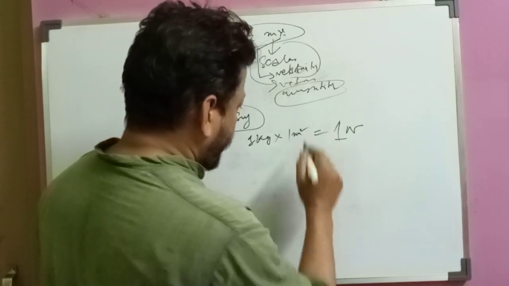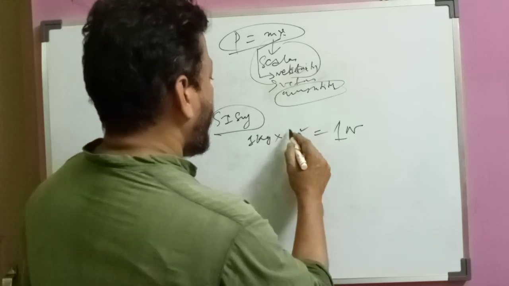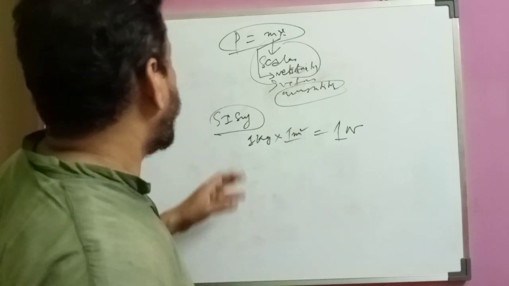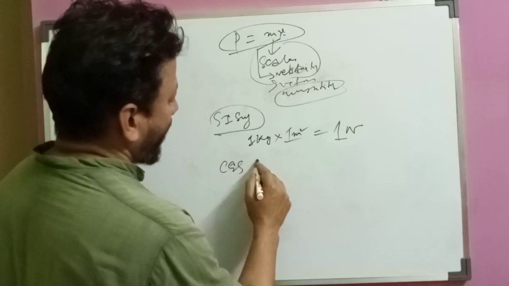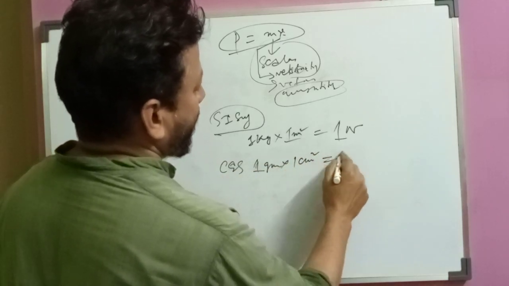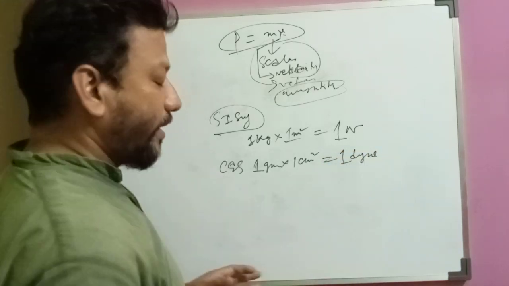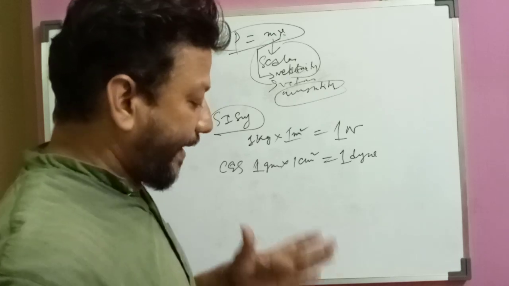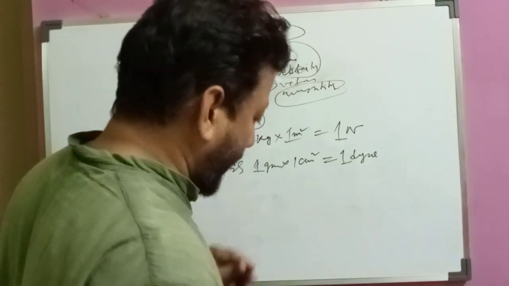Similarly, in CGS, 1 gram with 1 centimeter per second squared gives you 1 dyne. So in the CGS system and the SI system, these are the two things we got.